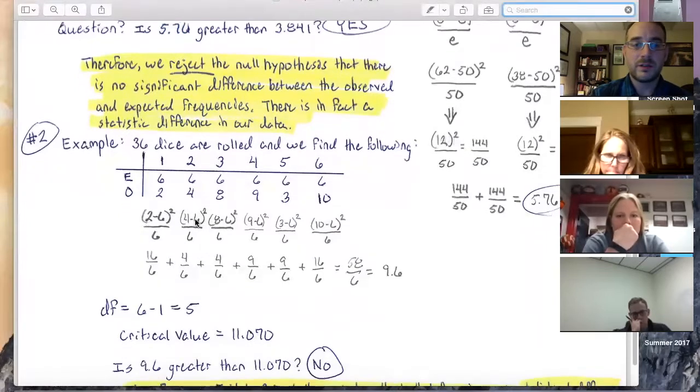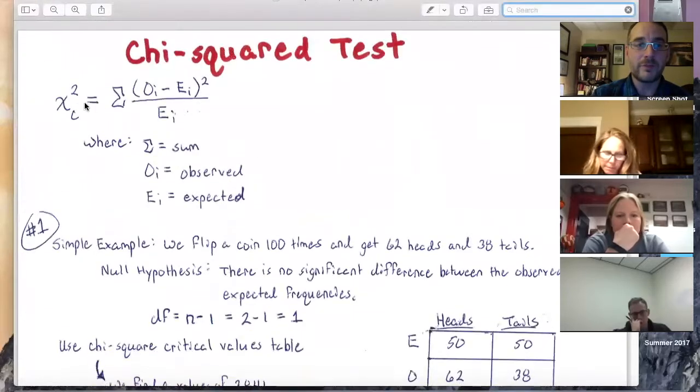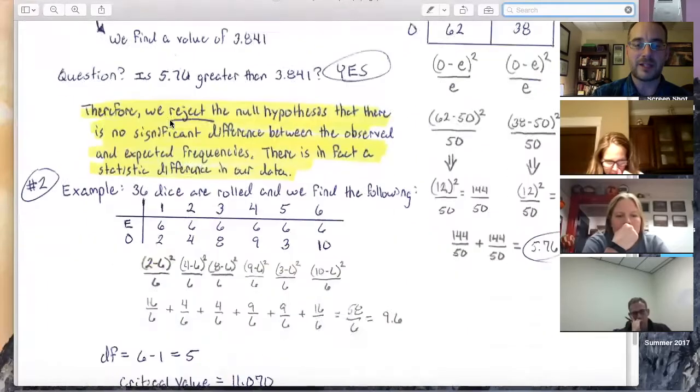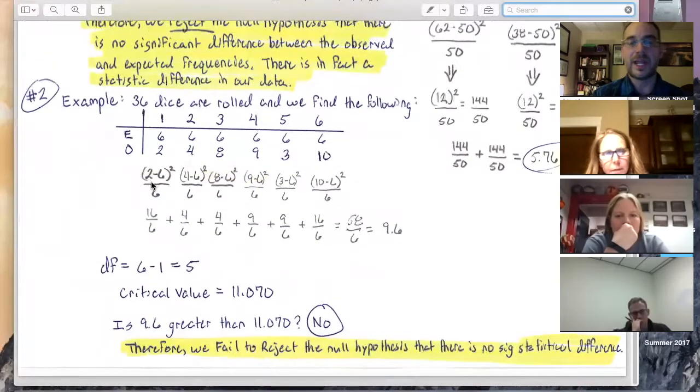So here, again, just our formula for chi-square, our observed values minus the expected values. We're going to square those and then divide every single one of them by the expected value. In this case, I'm not going to walk you through all of the math here. When this is reposted, you can go back and work this and compare your answers.